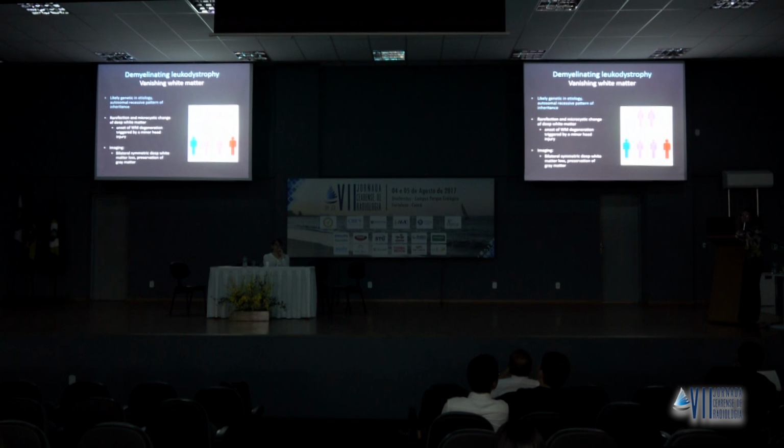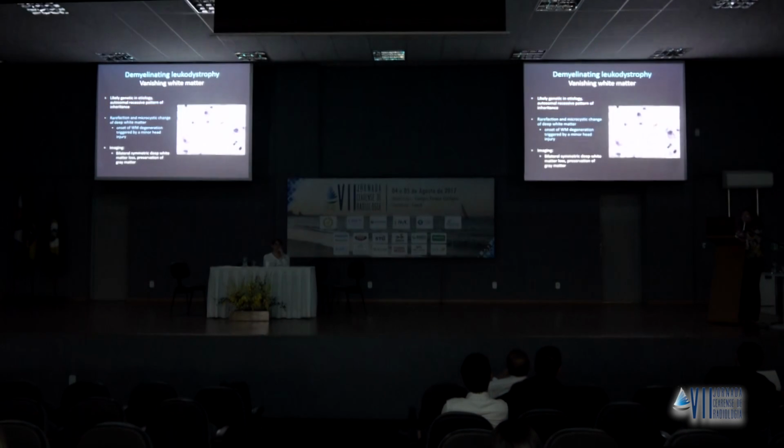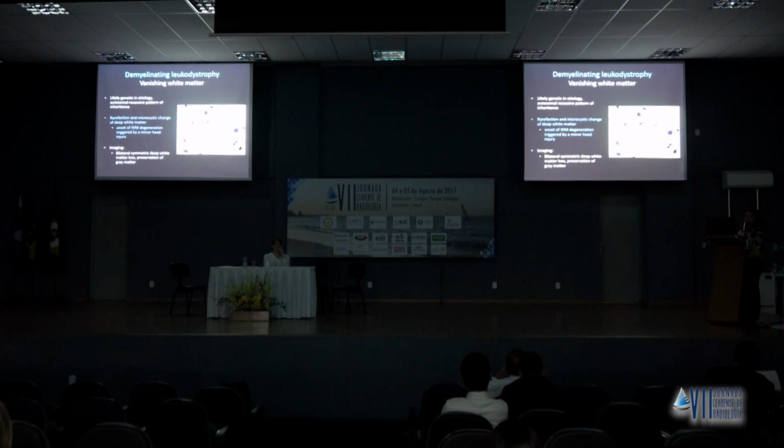And then vanishing white matter, likely a genetic etiology, not sure, has an autosomal recessive pattern of inheritance. And what we see in this disorder is this rarefaction and microcystic changes that occur in the white matter.